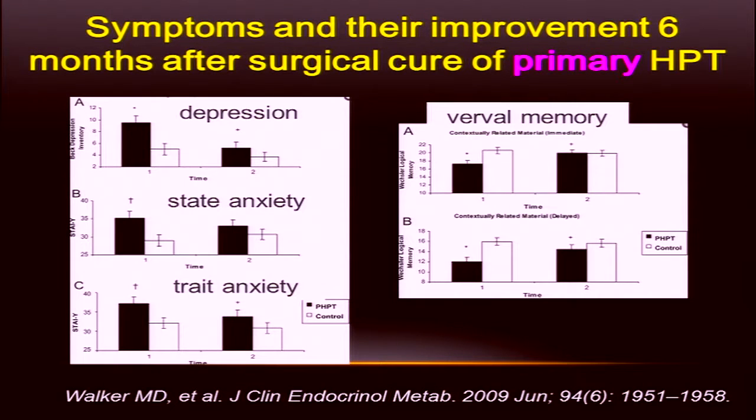And this is an interesting paper from Endocrine Journal. Their patients have primary hyperparathyroidism, so their renal function is normal. This is the patient with primary hyperparathyroidism. This is a control healthy subject. And this is after parathyroidectomy for the patient.